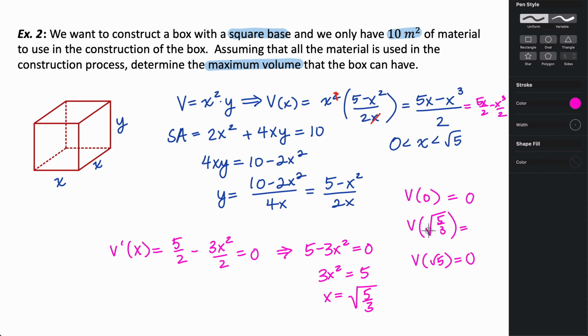So if you plug in the square root of 5/3 into the volume formula, you get 2.152. And that then would be our maximum volume. So it's going to be 2.152, and then it's meters, so it's going to be meters cubed. So 2.152 cubic meters is our maximum volume for this.